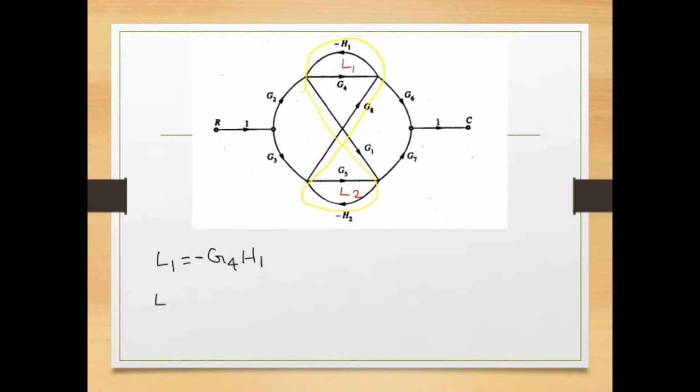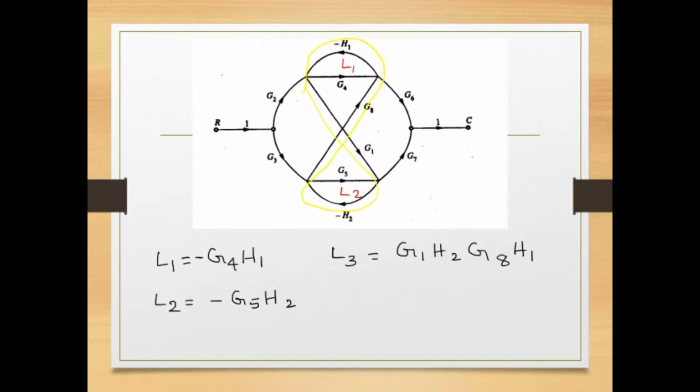Next, L2 has a gain minus G5 H2, and L3 has a gain G1 into minus H2 into G8 into minus H1. Minus into minus becomes plus, so G1 H2 G8 H1. So we have 3 loops.